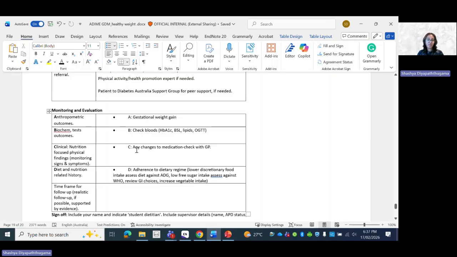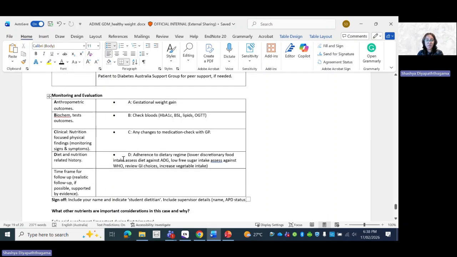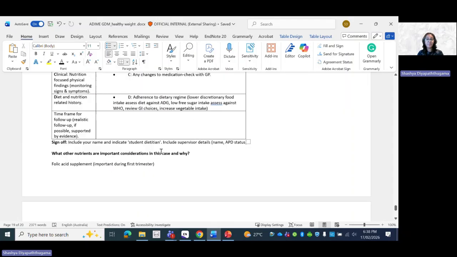And then for clinics, we can see if any change is needed for medications, to add any medications, checking with the GP. And for dietary, we need to see if she keeps adhering to the Australian Guide to Healthy Eating, because now we try to adjust that. So we tried to increase the vegetable consumption, and we tried to reduce the free sugar consumption. So we can see if she's adhering to discretionary food choices.